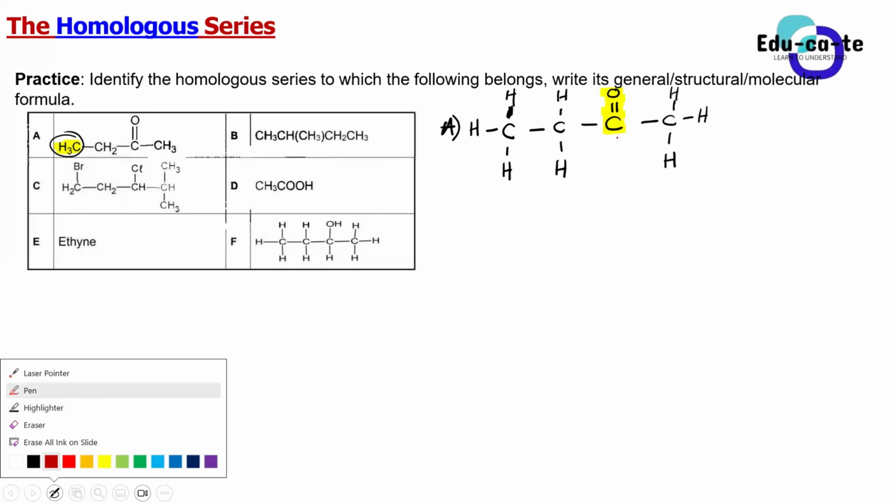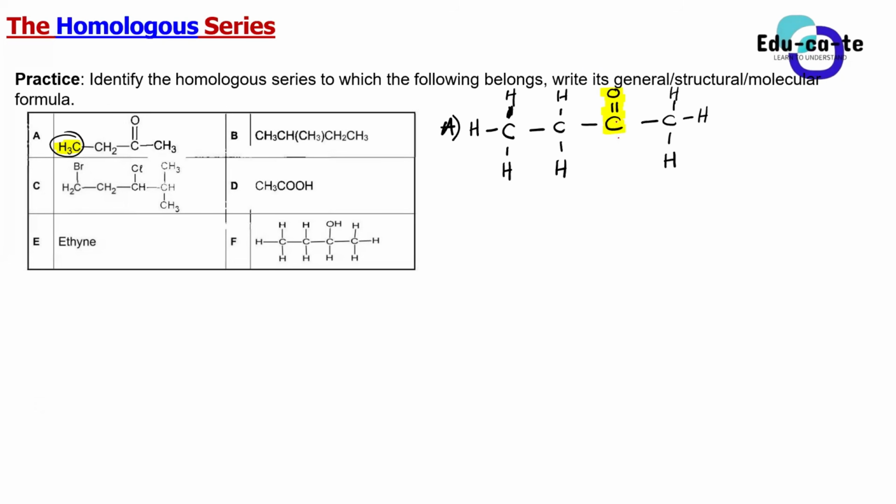That's how we're going to differentiate. When you look at it carefully, this carbon that is double bonded to an oxygen is bonded to 2 other carbons next to it, or in the middle of 2 other carbons. That's how you identify the carbonyl group, which is the functional group for all ketones.